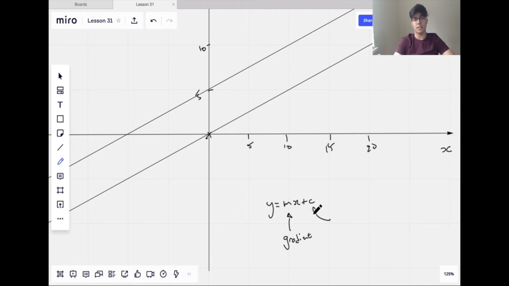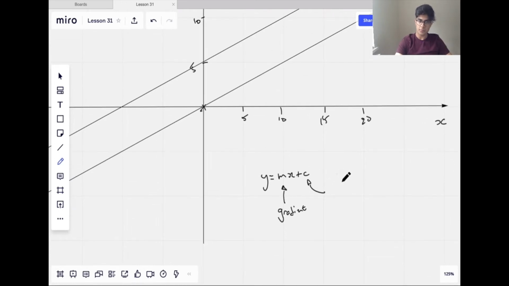But let's look at what the number c itself is. Well, when x equals 0, y is equal to c, because m times 0 is 0, so it's just c.